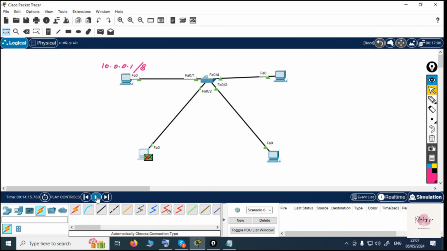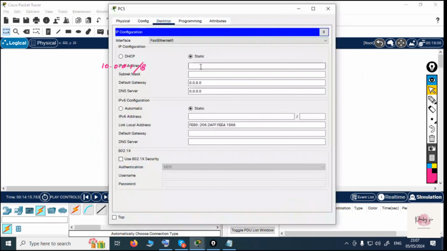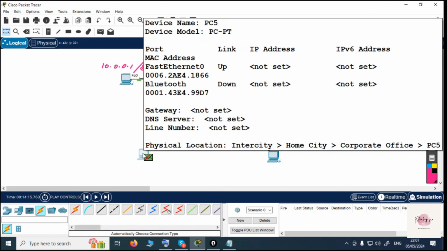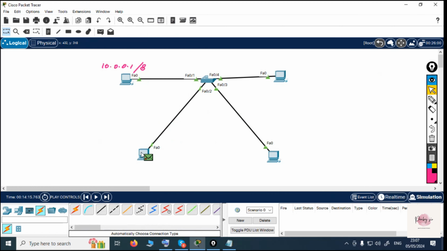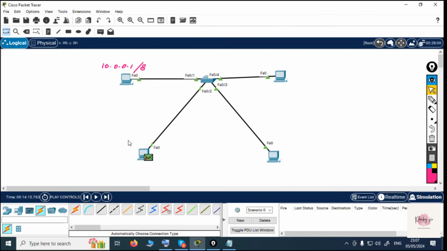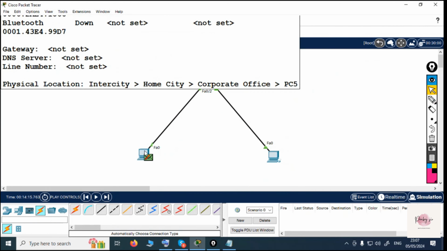Now let us see what happened with the IP address that we had configured. It's no more here. That means this PC, when it saw that someone else is having the same address, has ignored that IP address, saying that I will not keep this address because a conflict will occur. So just configure some other address in me.